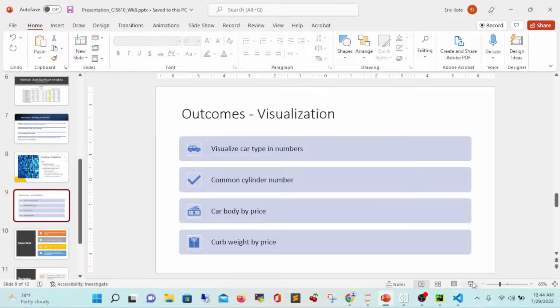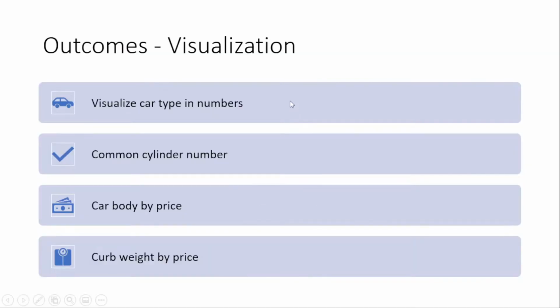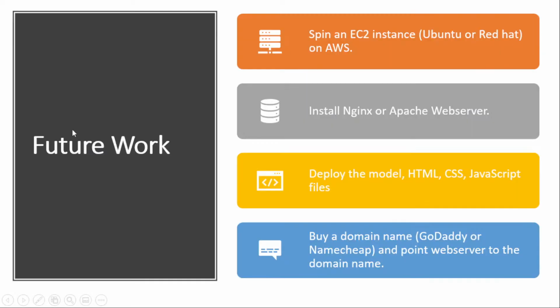Going back to our presentation. Next, on future work, perhaps it will be possible to spin up an EC2 instance. For example, you can spin up Ubuntu or Red Hat on AWS, and then install on it the Nginx or Apache web server.